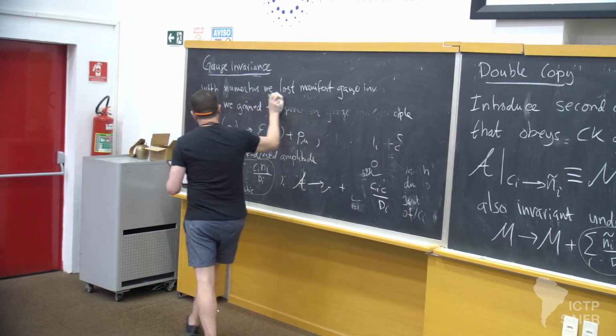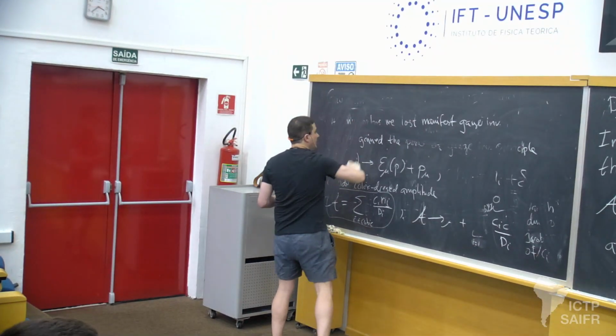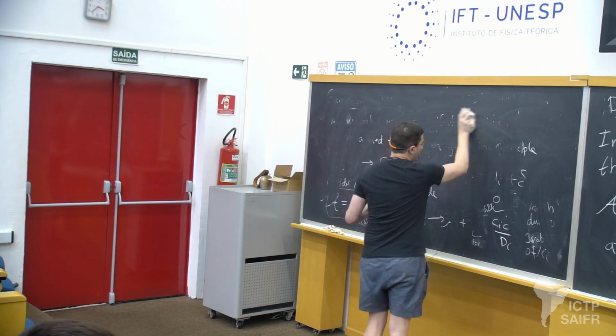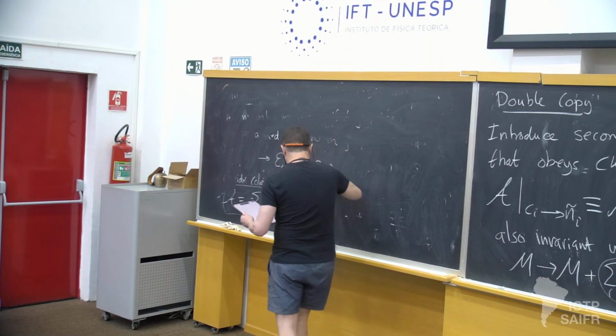So now I'm going to talk about KLT, which is actually the origin of the double copy, in the sense that it was discovered there first.